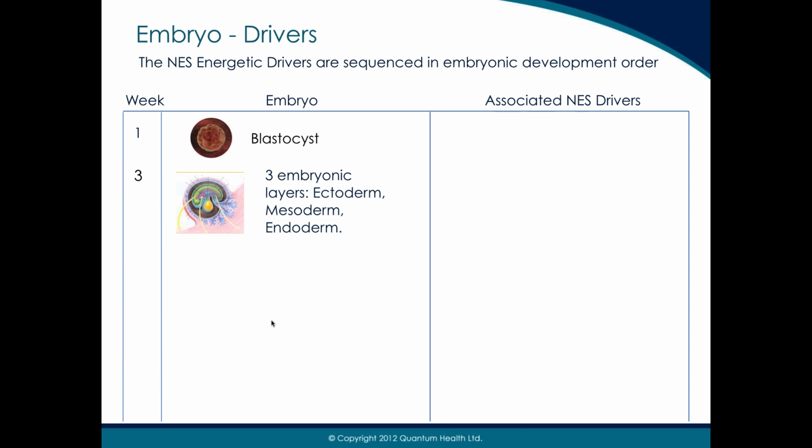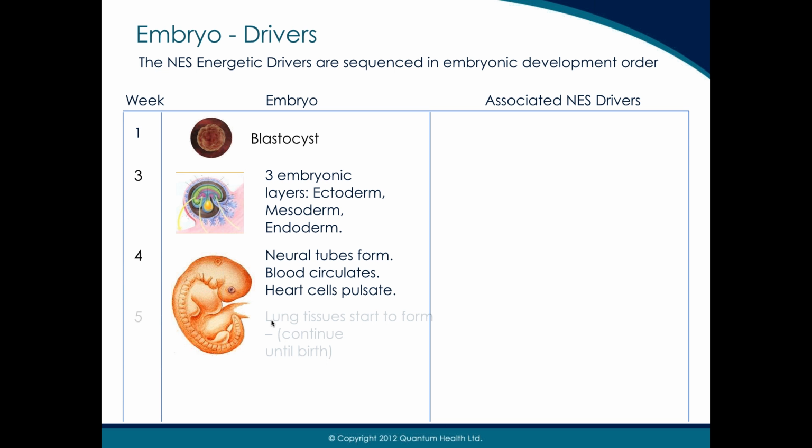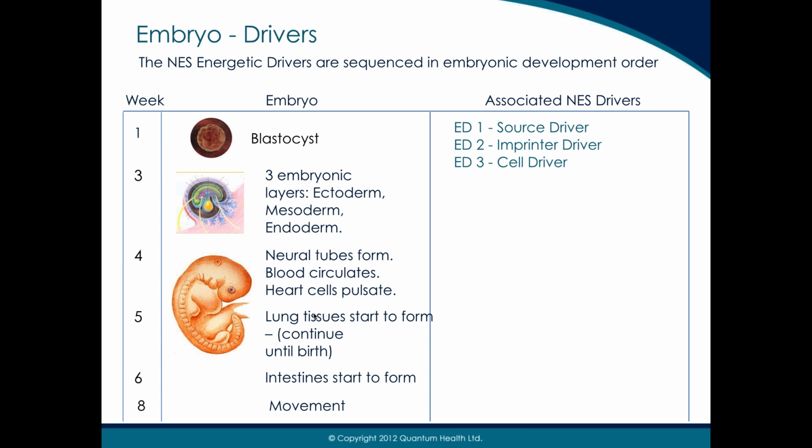When you see that in week 1, the blastocyst, it's about the driver field. In week 3, the three embryonic layers, ecto, meso, and endoderm, are showing up. And when you see next to these weeks, what is showing up?